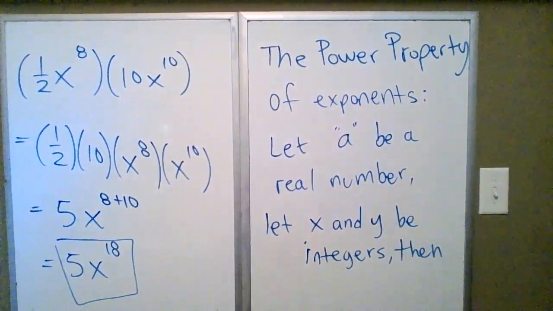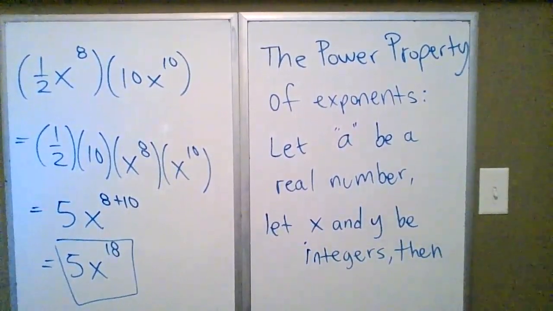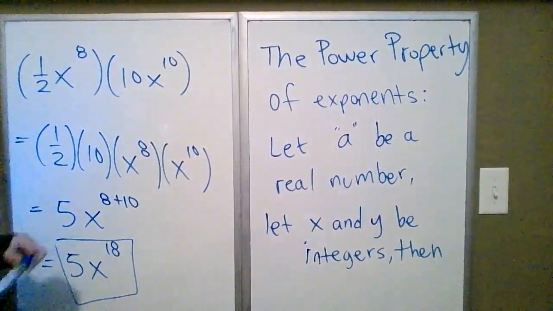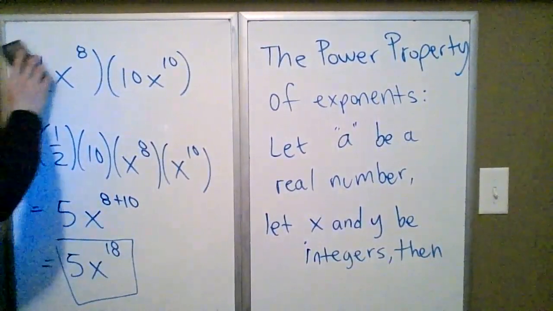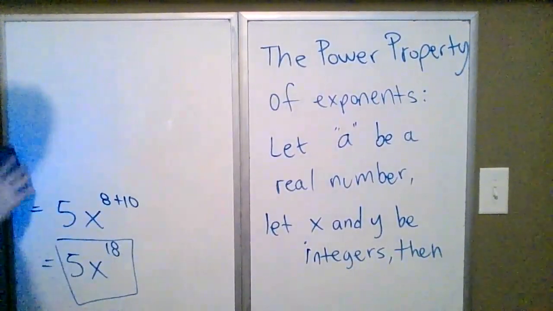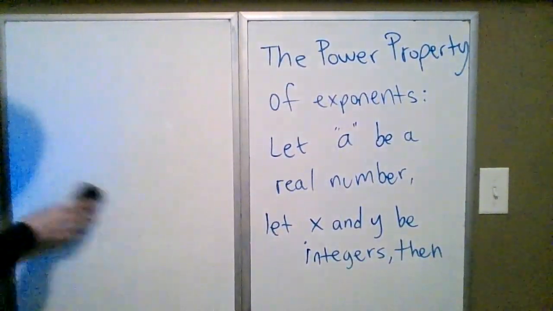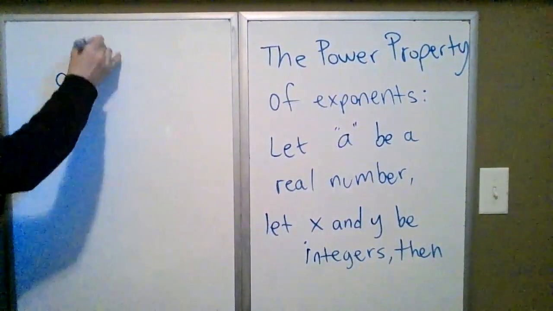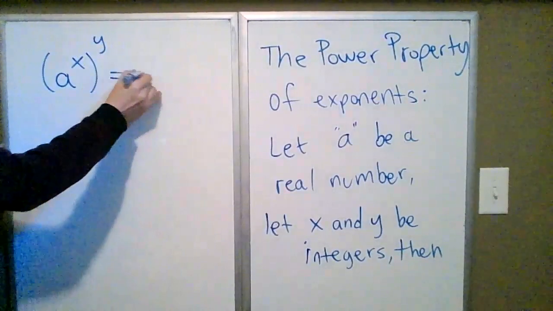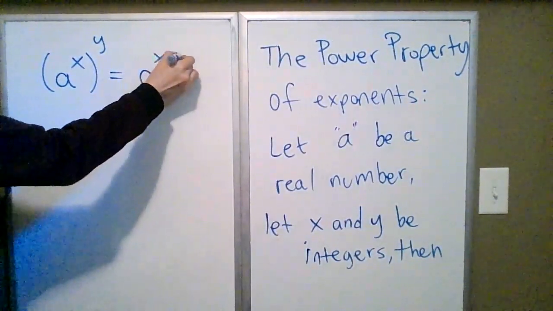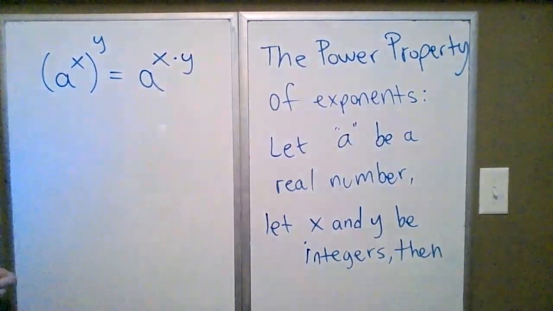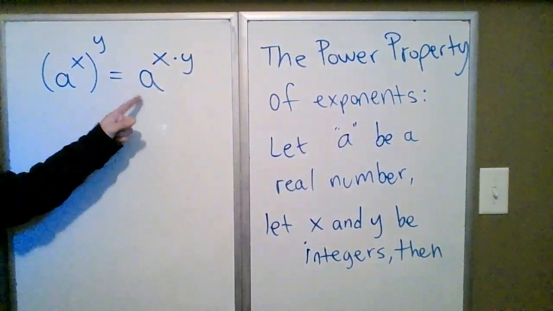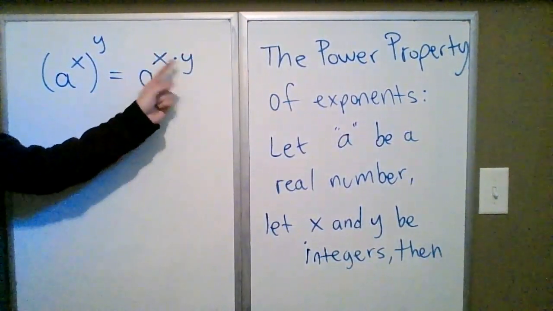Then the rule is A to the power X to the power Y is A to a power of X times Y. So a power raised to a power is the base with the two powers multiplied together.